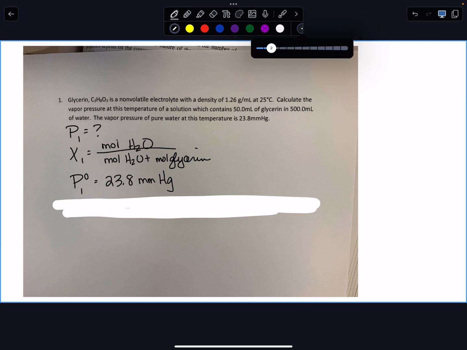The gist of this problem is calculating the mole fraction, isn't it? Where are you going to get the moles of water from?